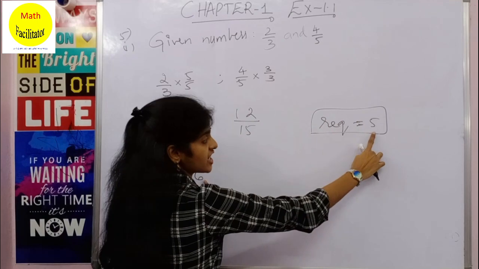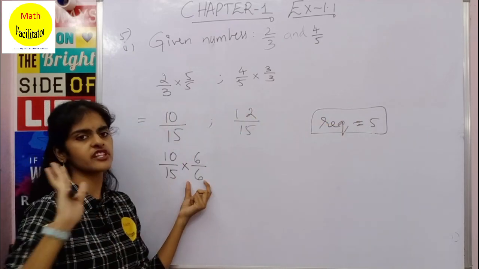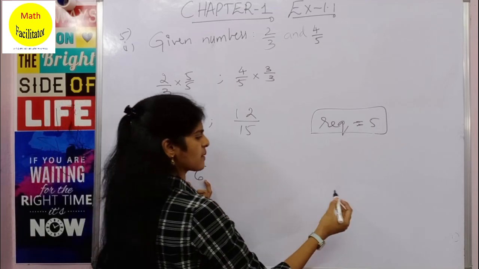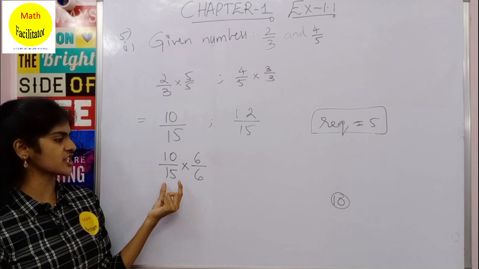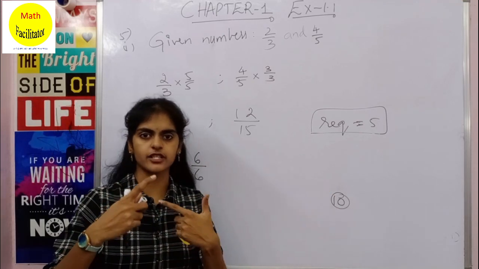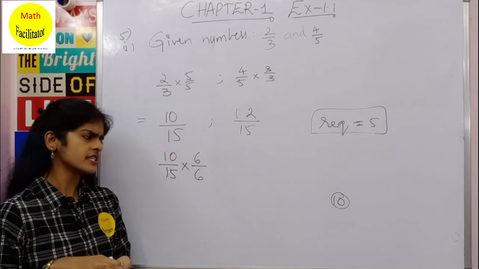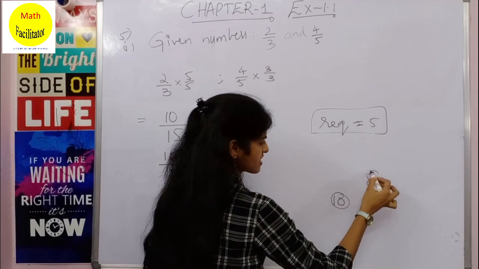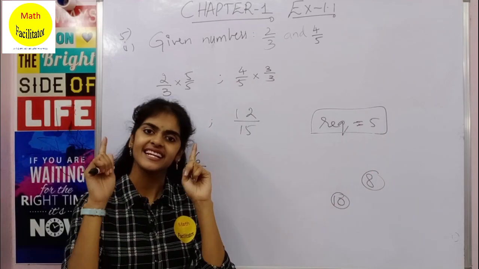Because you want 5 rational numbers, we multiply by one more than the required number. Suppose in some case you want 10 rational numbers, then you will multiply the given rational numbers by 11. Suppose you want 8 rational numbers, then you multiply and divide by 9.